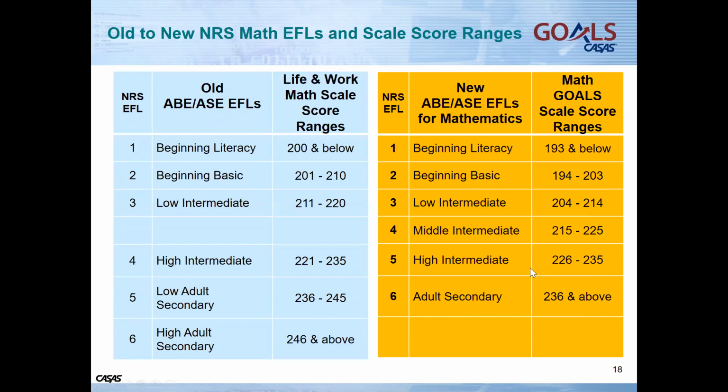And one nice thing I'm sure you'll all appreciate is that instead of this very large score range at level 4, 15 points in the previous series, for the standard setting we have to convene a fairly large panel of experienced adult ed math practitioners to do what's called a standard setting study, where they determine the cut scores based on their review of a continuum of items placed in a kind of booklet.